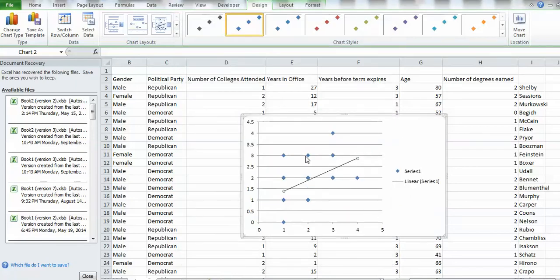If the dots are far away from the line and they're not following the line very well, it's a weaker positive correlation. If we had dots like here, here, here, and here, and they're all pretty close to the line, that would be a strong positive correlation.